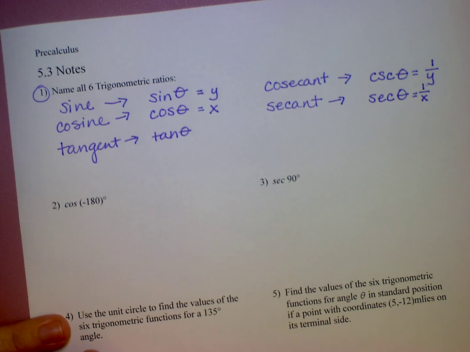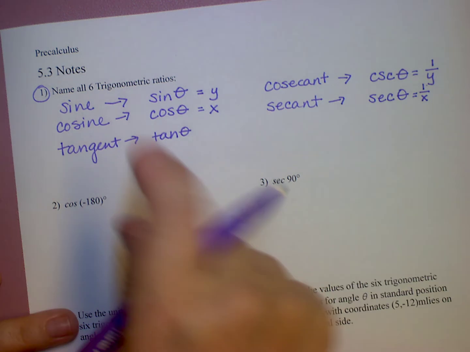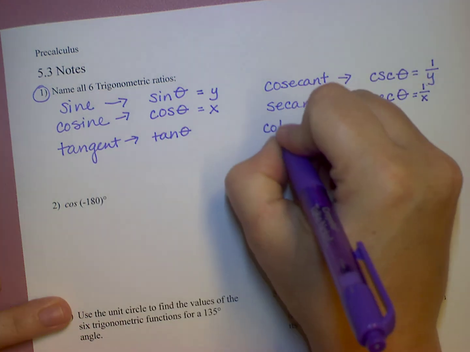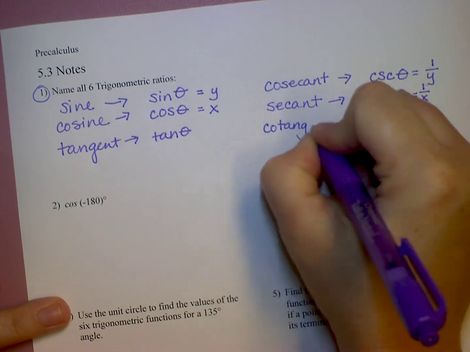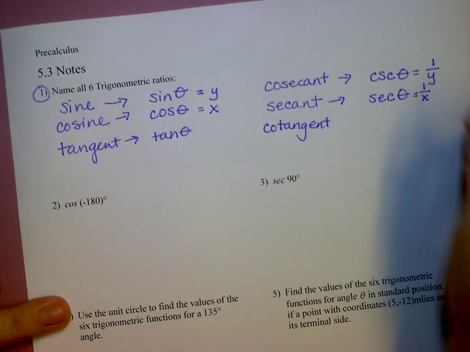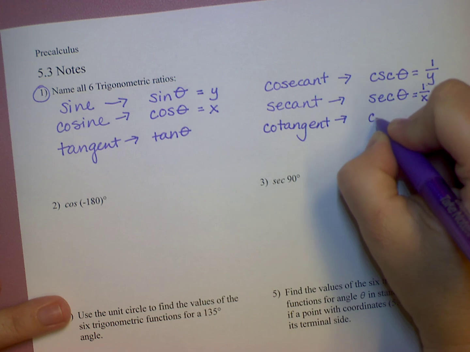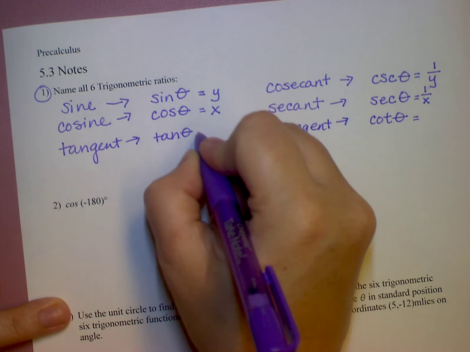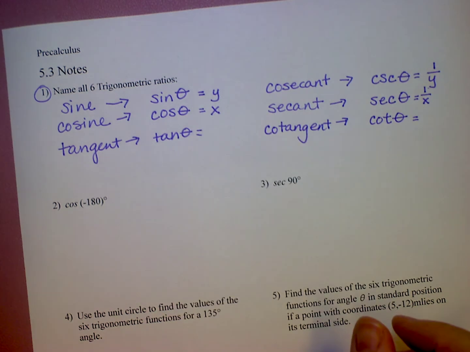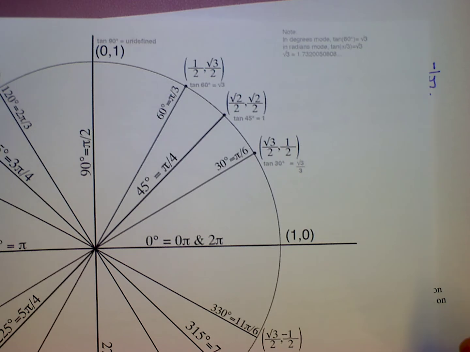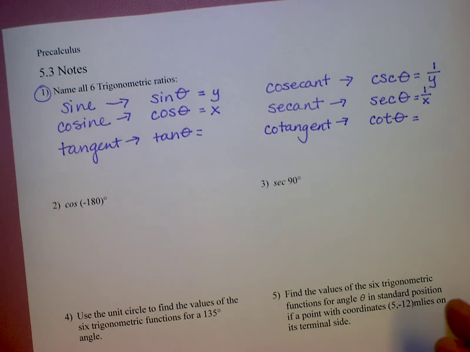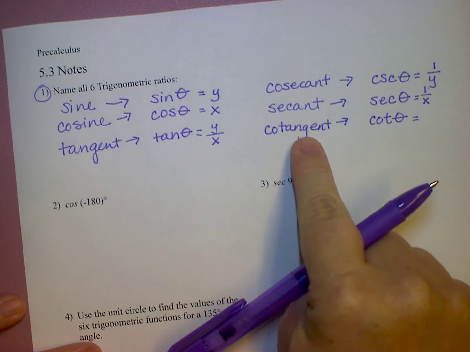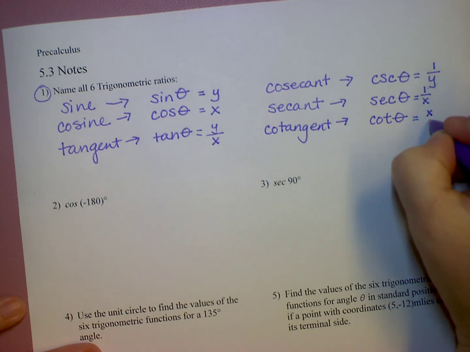And then the sixth and last trig ratio, the reciprocal of tangent, is known as cotangent, abbreviated COT theta. And tangent, how do we calculate tangent when we do the unit circle? It's sine over cosine, or in other words, y over x. So cotangent being the reciprocal is going to be x over y.